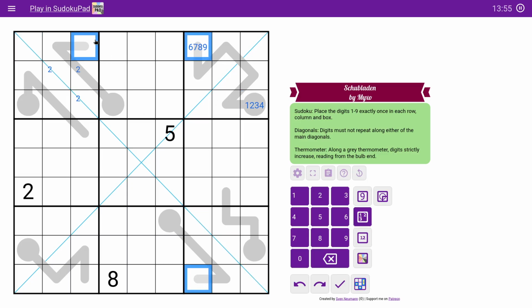Similarly, this cannot be 9. No 9, no 4. No 1, no 6. And now the same reasoning doesn't apply. But I think we're going to get a zigzag effect that is bolstered by this 2 and 8. And maybe now we use the fact that there's a 5 on this thermometer.